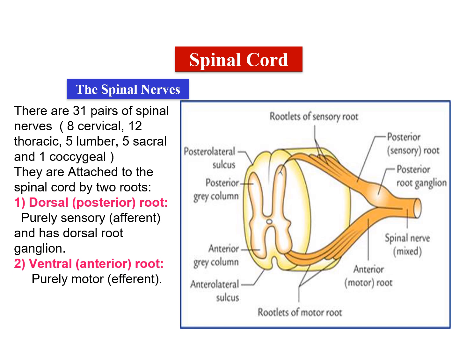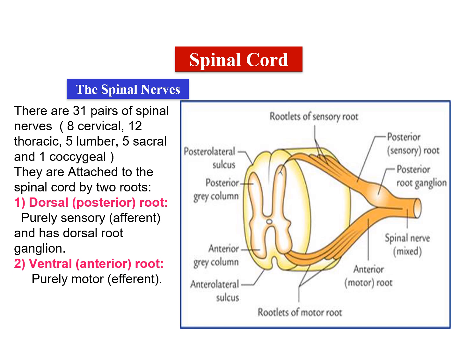They are attached to the spinal cord by 2 roots. The first root is the dorsal root, which is present posteriorly, and the second root is called the ventral root, which is present anteriorly. The dorsal root is the posterior root, and the ventral root is the anterior root.